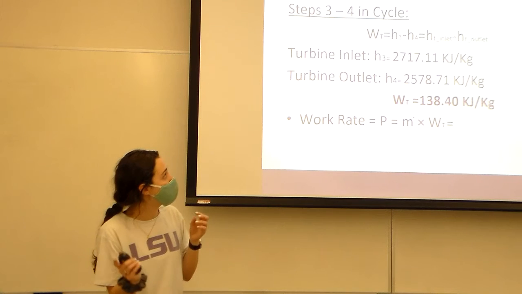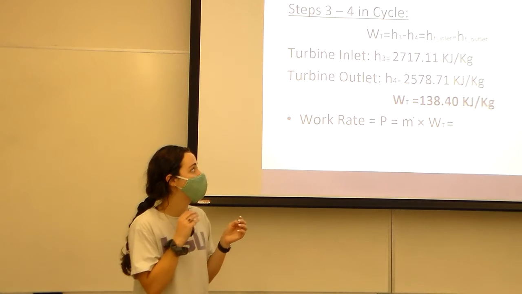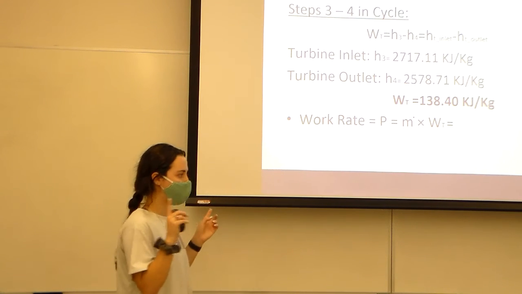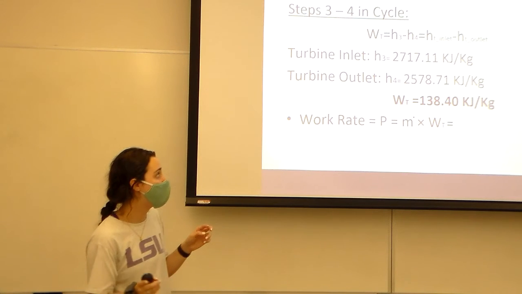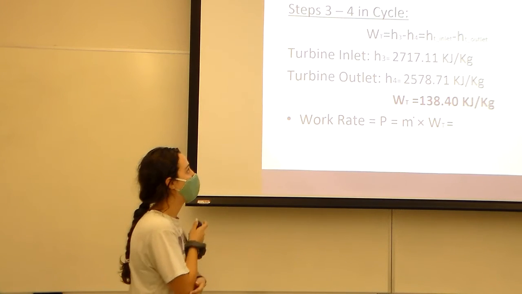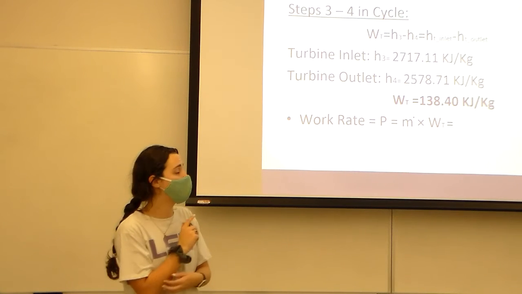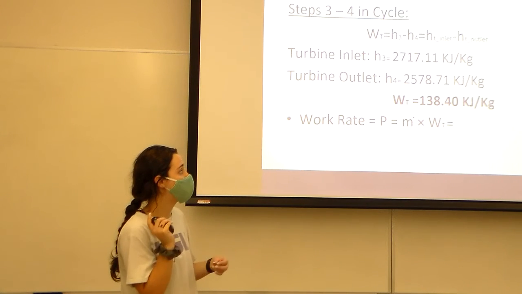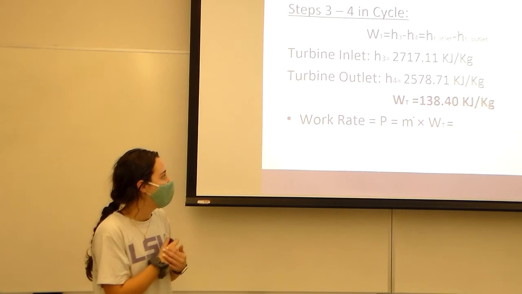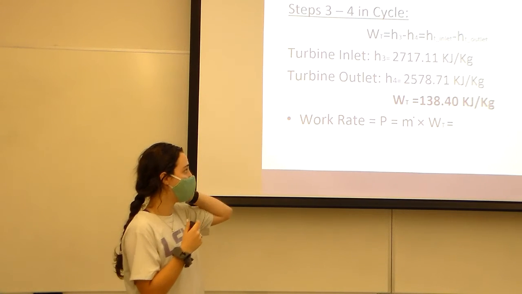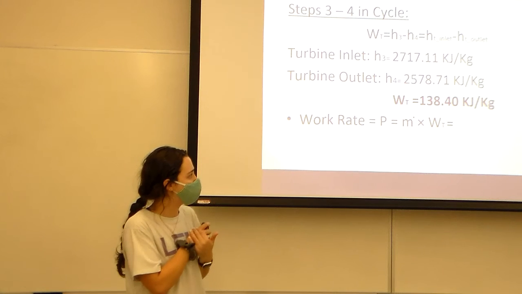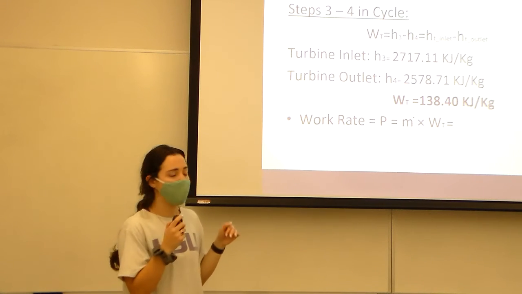Then going to the next step, from 3 to 4 in the cycle, is going through the turbine, which again is generating that electric power, expanding the steam, lowering the pressure. So using the turbine inlet and turbine outlet enthalpies, we were able to find the work that was done in the turbine. And again, there's a calculation for the work rate that I found earlier to get work at about 130.